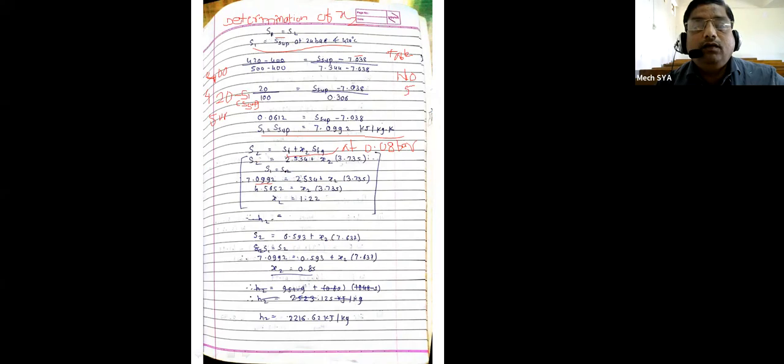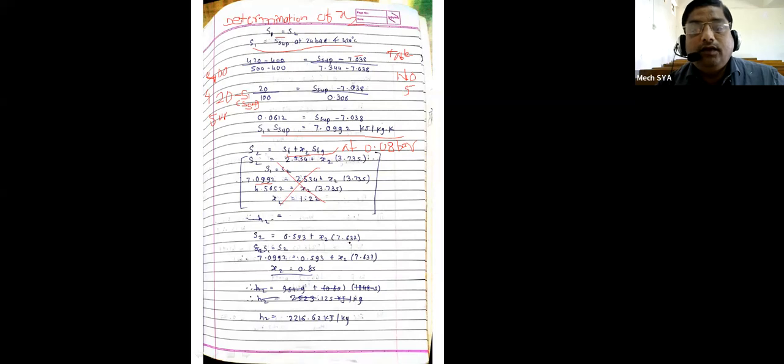Sorry, I think this is a wrong calculation. The student's calculation is wrong. Here, at 0.08 bar, S2 is equal to 0.593 plus X2 into 7.637.